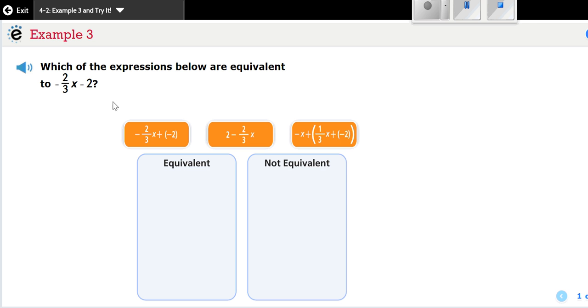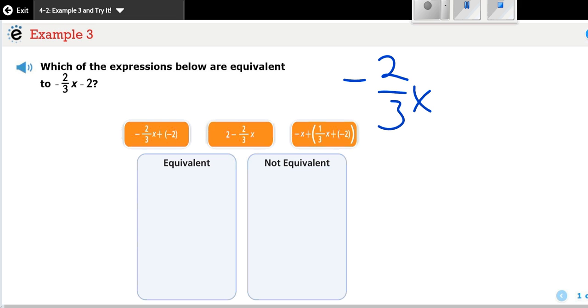Alright, so which of the expressions below are equivalent? And so we see three expressions here, and we want to understand which ones are equivalent. So to understand this, we kind of want to break this down, our initial equation, into terms. And so understanding, do we see the same kinds of terms? So our first term that we see is negative 2/3 x, right? Kind of like putting parentheses around that and saying, okay, that's one of our terms.